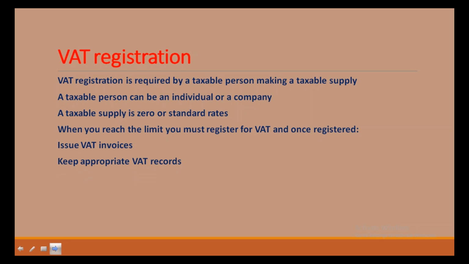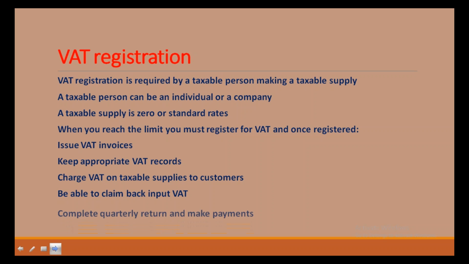Keep all the records properly because they will come and check it. Charge VAT on taxable supplies to customers. So whenever you are selling, you must charge the VAT. You can claim your input VAT on whatever things you have bought. The difference you must pay to the HMRC, maybe quarterly, maybe monthly, depending on what they require.